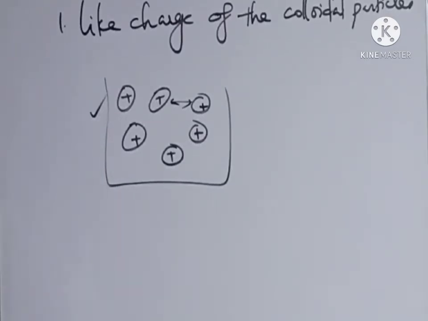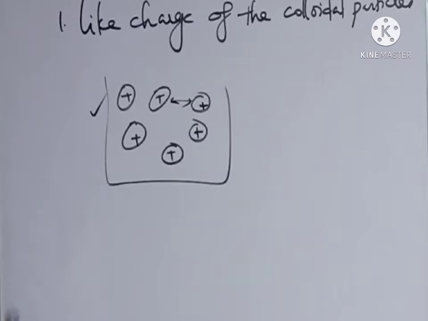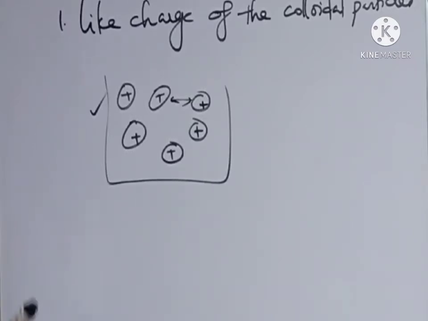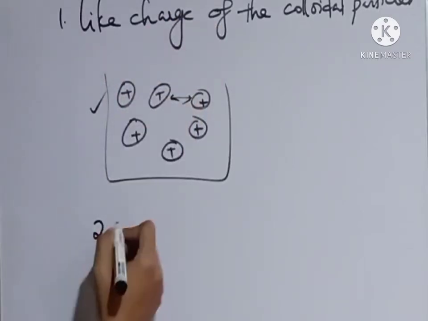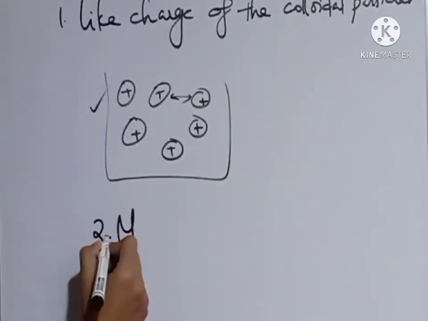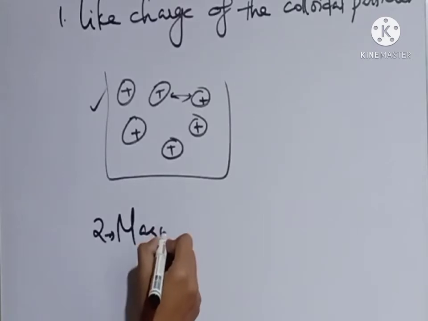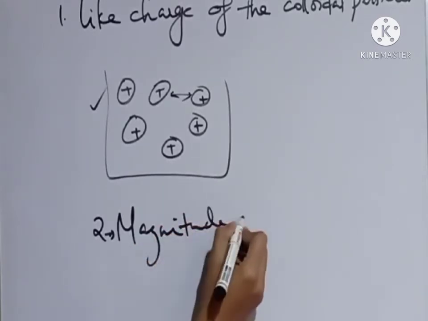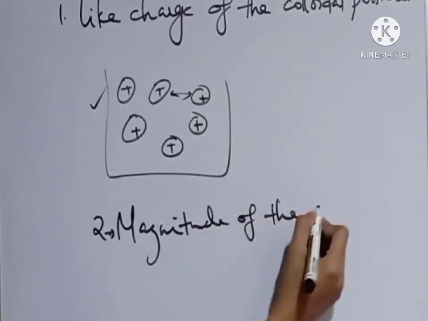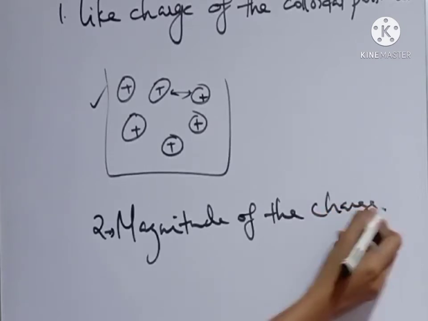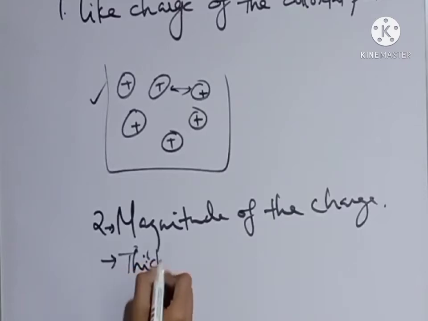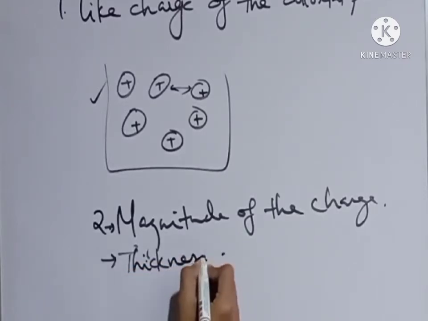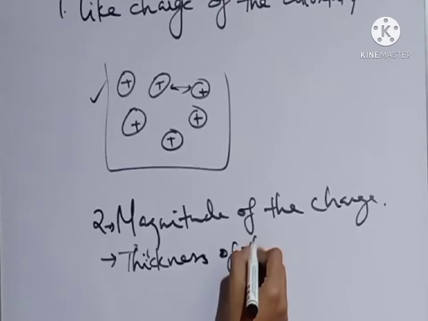The two important factors which determine the extent of coagulation are, one, the magnitude of the charge of the colloidal particle, and the second, the thickness of the double layer.